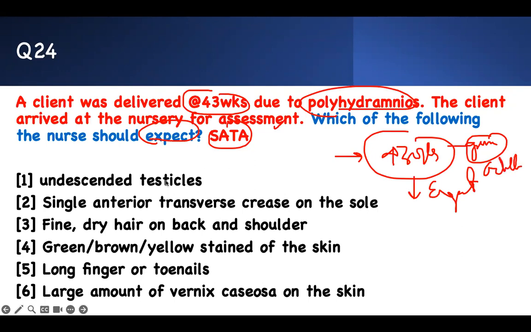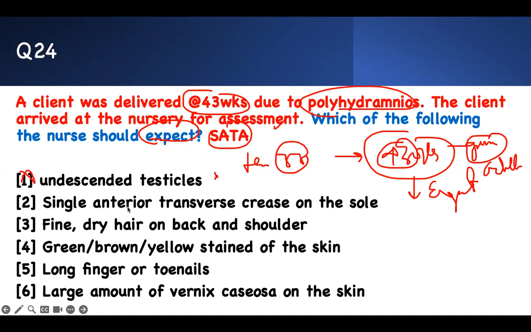Undescended testicles, no. Sometimes you can get kids whose testicles are undescended, but 95 to 99% of the kids, when they're born at term, which is 37 weeks, their testicles are descended, unless something happens. If you're 43 weeks, come on, it's already way down. So undescended, I don't expect that.